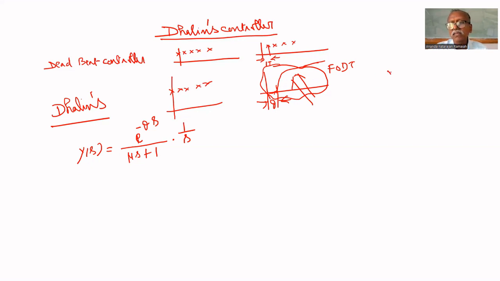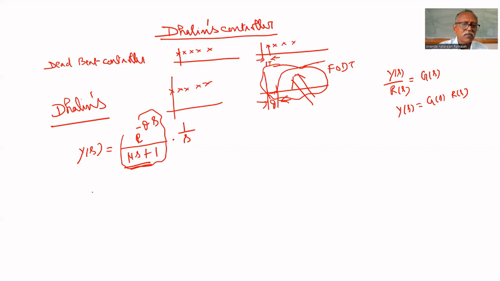We know the transfer function is output by input, G of s. If you want the output, you have to write the transfer function multiplied by input. That's why we wrote the transfer function for this response, multiplied by R of s, that is 1 by s.